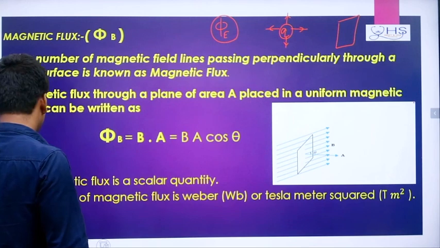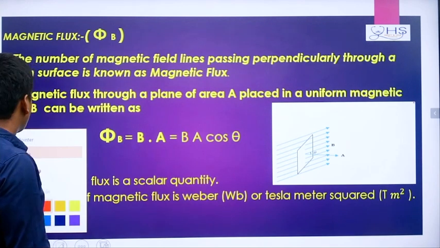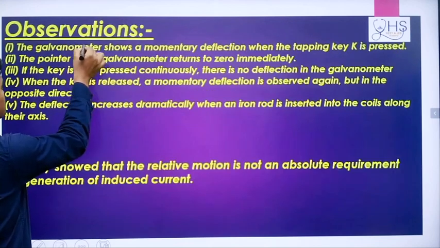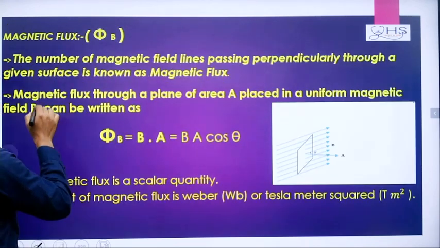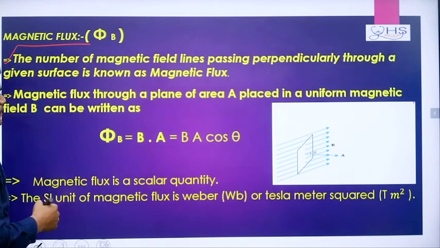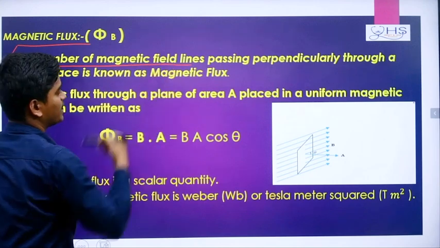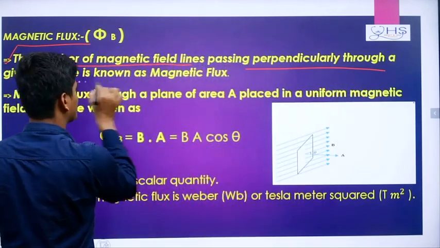In a similar way, now we'll discuss magnetic flux. The magnetic flux definition is the number of magnetic field lines passing perpendicularly through a given surface.